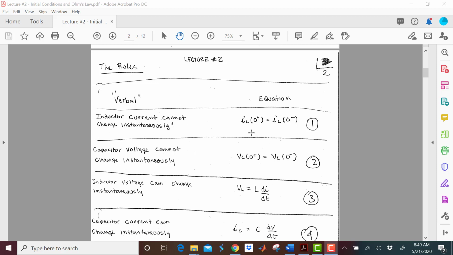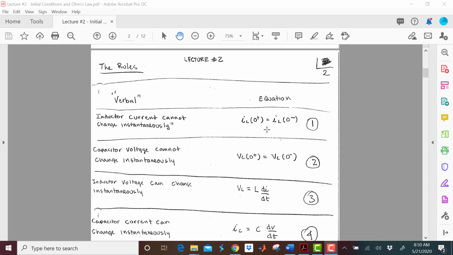Mathematically, we're going to say that the inductor current at time 0 plus is equal to the inductor current at time 0 minus. Or in other words, when we make this topology change in the circuit at t equals 0, which if you're not familiar with that, go back to the last lecture because we went through that.